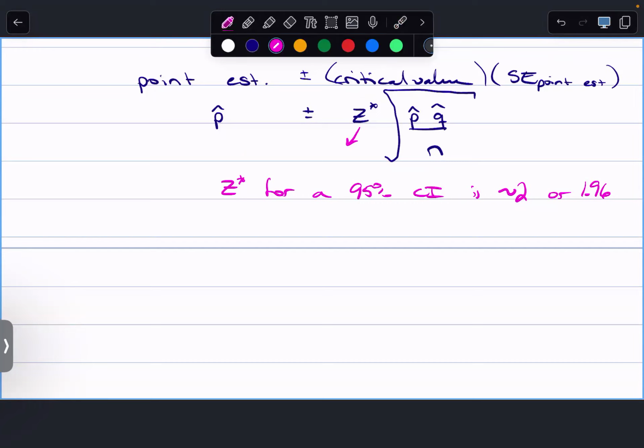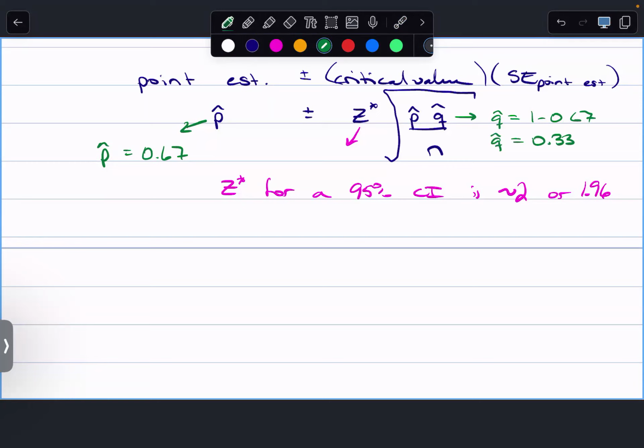So let's see here. What was our point estimate? Our p hat was 0.67, and p hat is still 0.67. Q hat is 1 minus 0.67, which is 0.33.